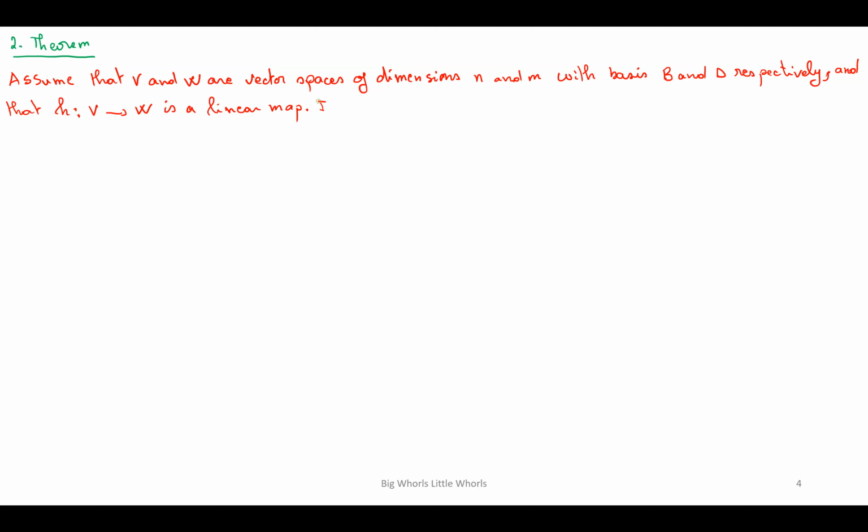Okay, so if H is represented by the matrix we have seen a while ago in the definition, it is represented by the following matrix: H1,1, H21, HM1.